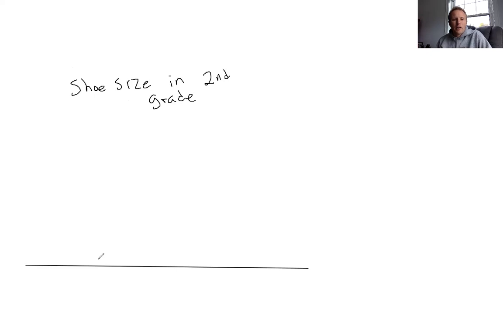Okay. And you would have shoe size. Just to keep it simple, I'm not going to make this super realistic, but say we had 1, 1.5, 2, 2.5, 3, 3.5, 4, 5, and we'll say they go up to 5.5.